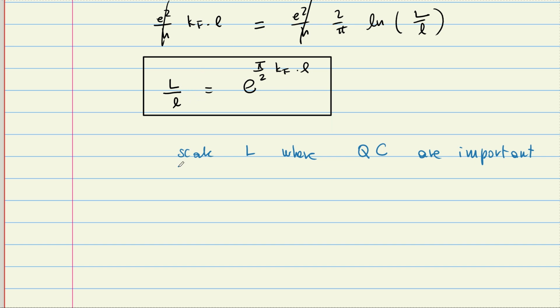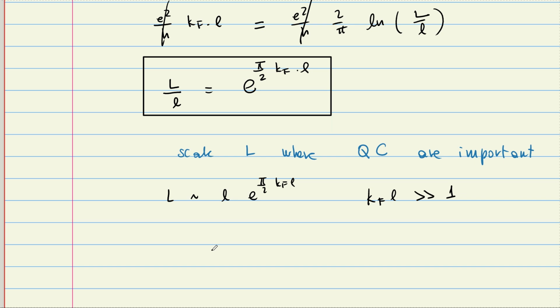The scale L is proportional to some L times e to the pi over 2 k Fermi L, but the beginning of this calculation was k Fermi times L is much bigger than 1. So this is an exponentially large quantity, right? So you have to go to an exponentially large scale to see the quantum corrections.